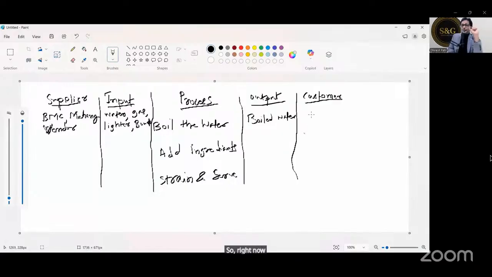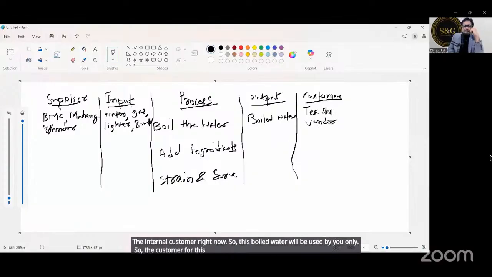So you are the internal customer right now. This boiled water will be used by you only. So the customer for this step is the tea stall vendor.